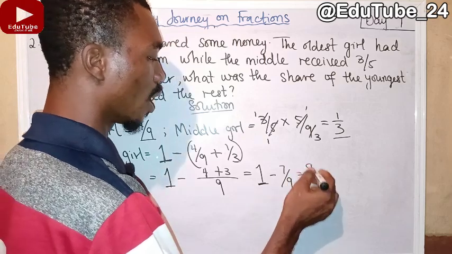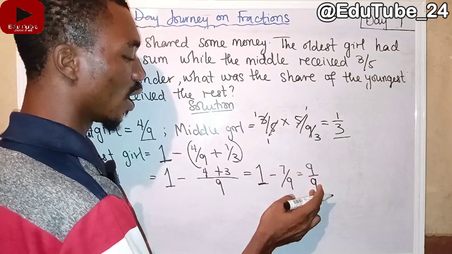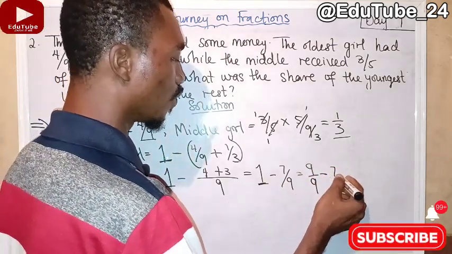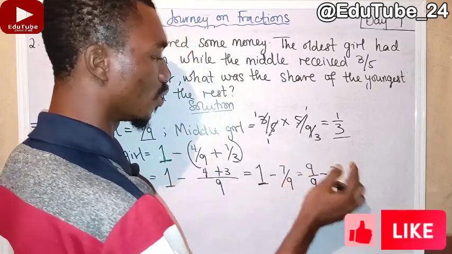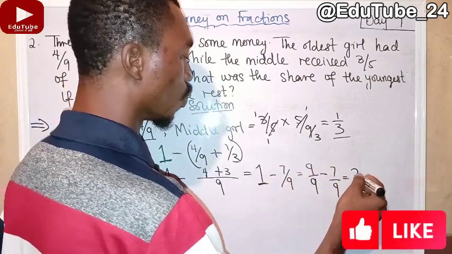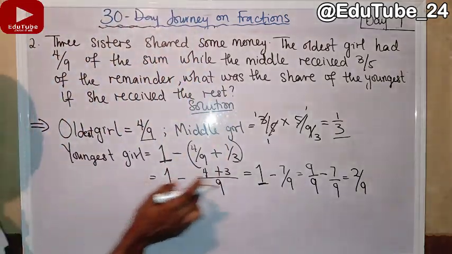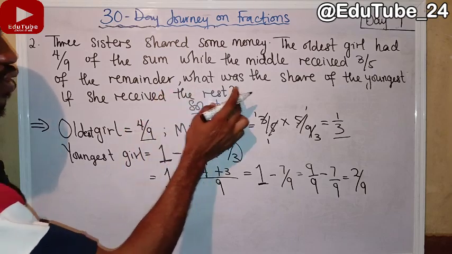It will now become 9 over 9, because in actual sense, 9 over 9 is the same thing as 1. This way it is easy for us to take away 7 over 9 from 1. So 9 over 9 minus 7 over 9, and that will give us 2 over 9. So that means the youngest girl receives 2 over 9 of the money, which is the rest.